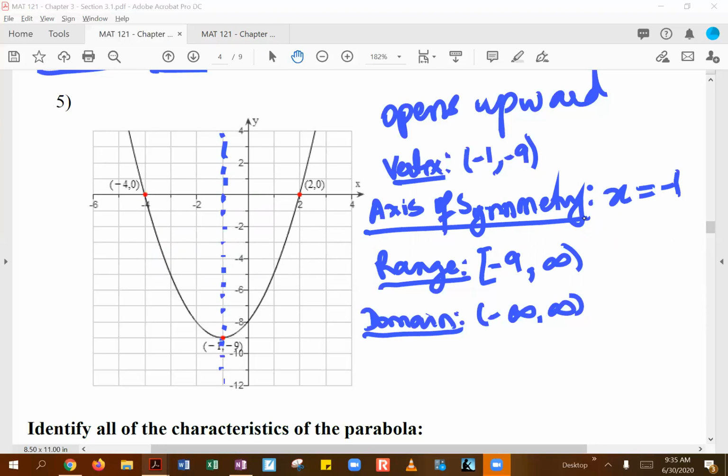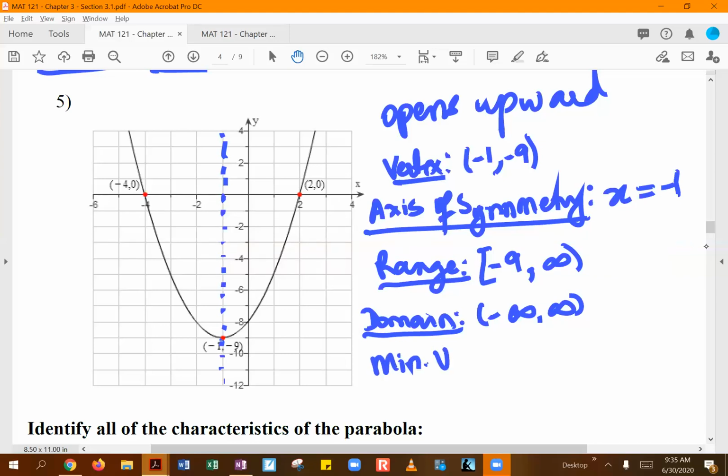And what will be that minimum value? Very good, Lori. It is going to be -9. Remember, the minimum value is always the y coordinate of your vertex. So the minimum value is going to be -9.